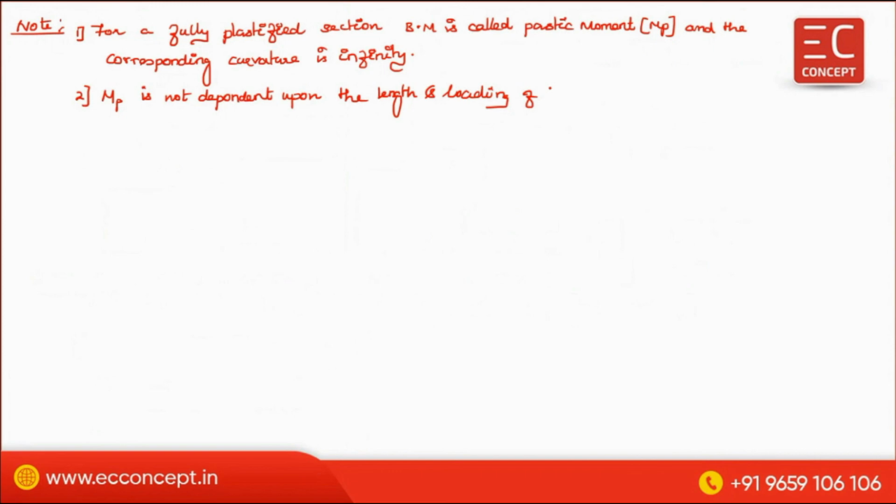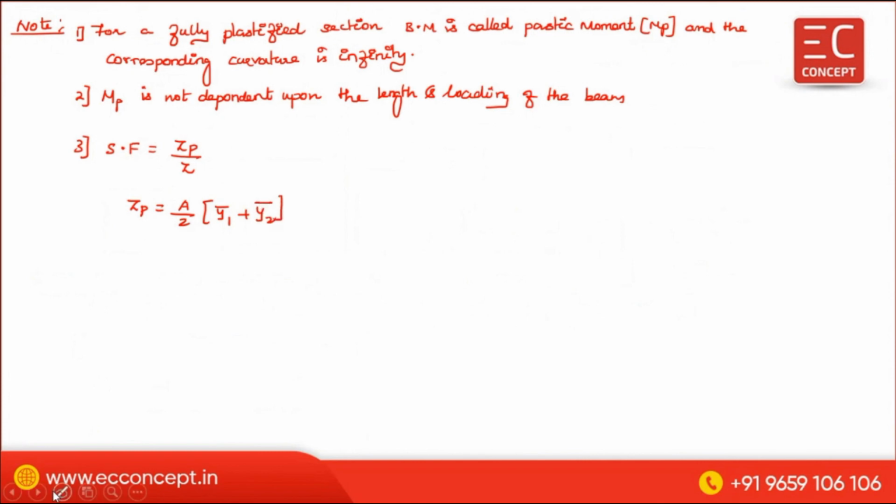Third one: we know that shape factor is equal to ZP by Z. ZP is equal to A divided by 2 into Y1 bar plus Y2 bar.